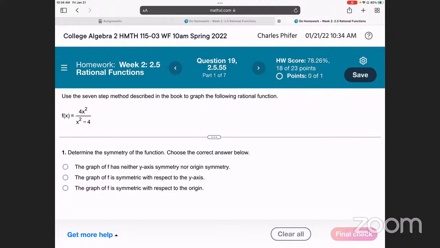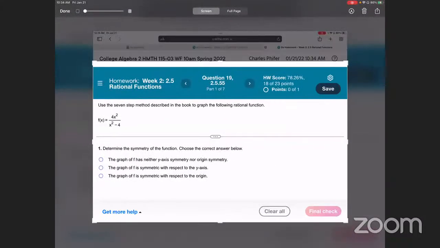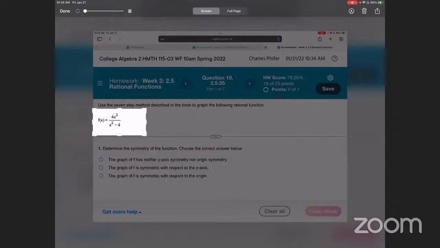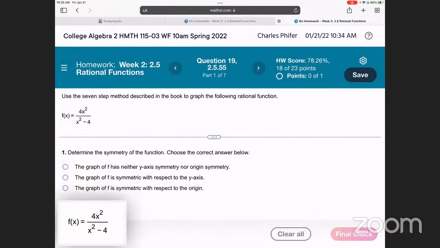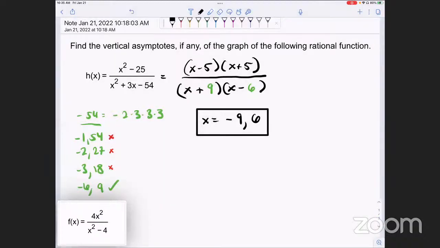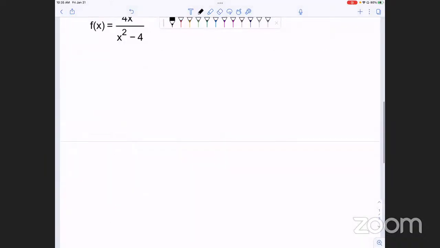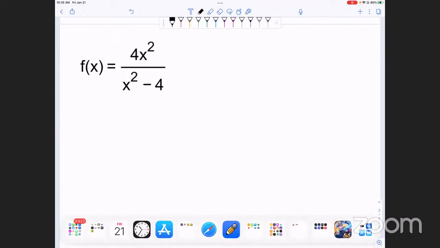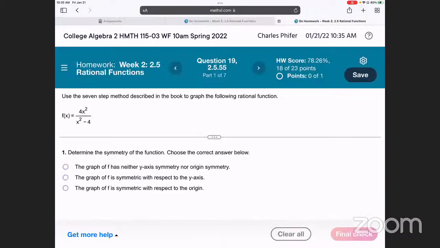First thing we want to do is a test for symmetry. This is question number 19.